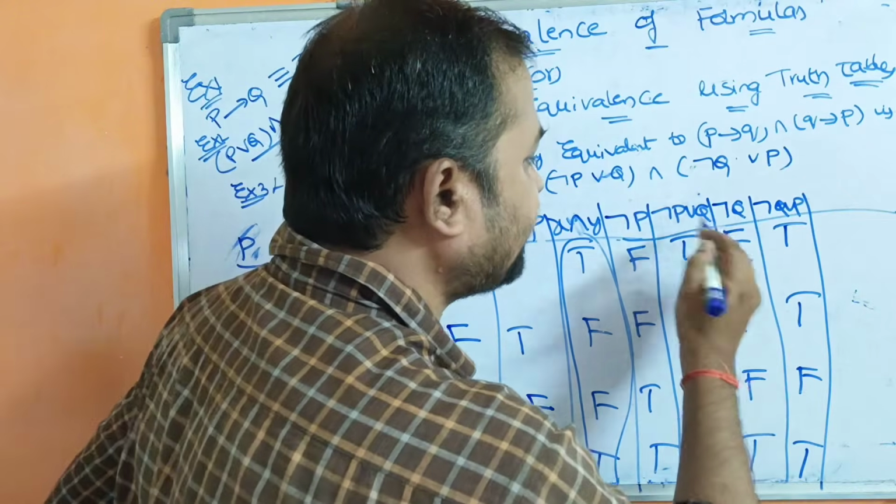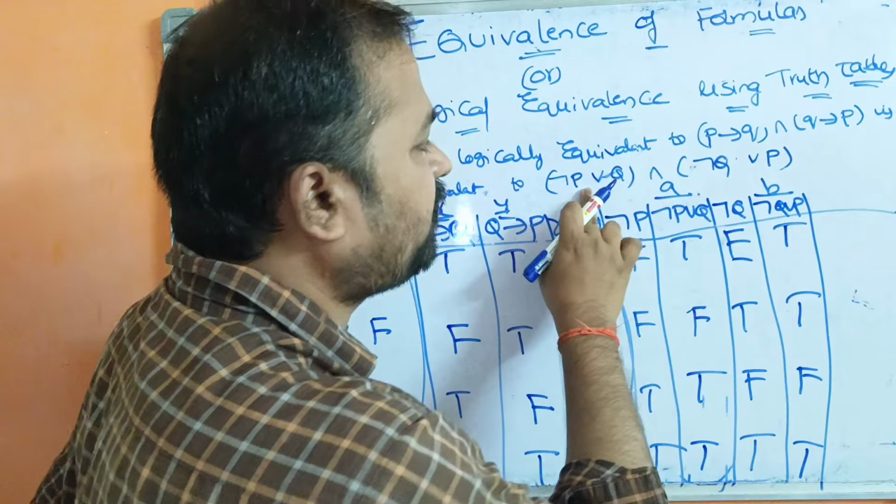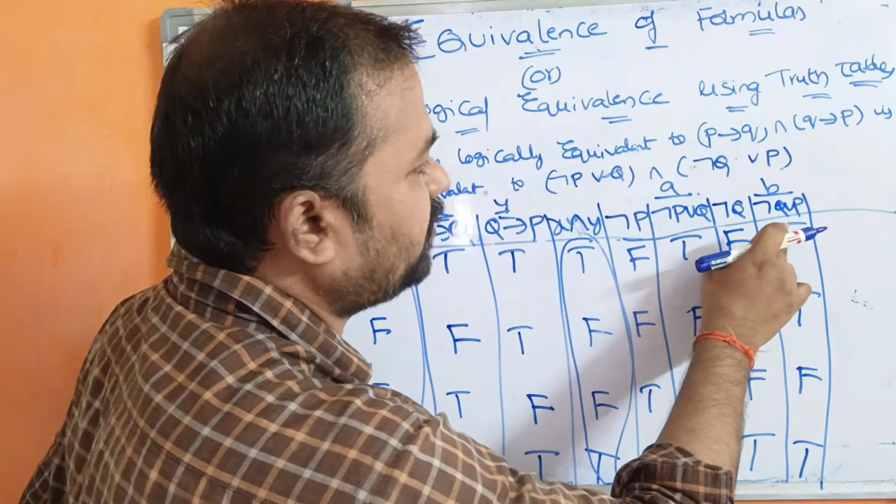Let us assume that this is A and this is B, where A is negation P or Q and B is negation Q or P.